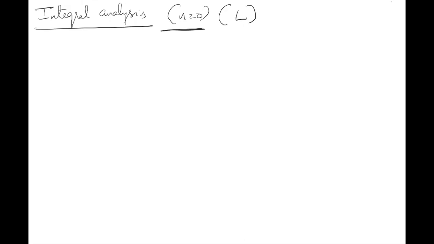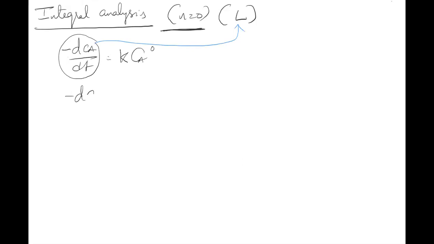So how do you do it? Let's take minus dCA by dt. Whenever you write minus dCA by dt, keep in mind that you are talking about a liquid phase reaction. Minus dCA by dt equal to k into CA power 0. So minus dCA equals k into dt.